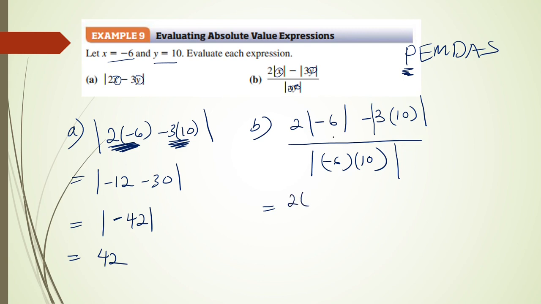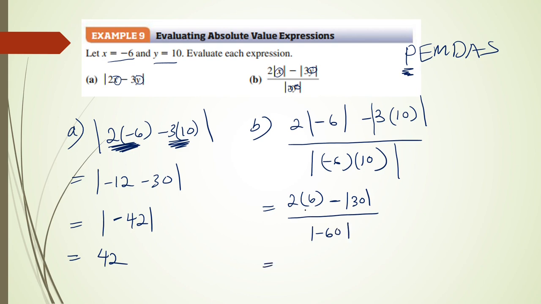So the absolute value of negative 6 is positive 6, so we'll replace that with a 6. And when you replace an absolute value with a number in front, consider that multiplication. We have 3 times 10, that's going to be 30. Negative 6 times 10, that's going to be negative 60.